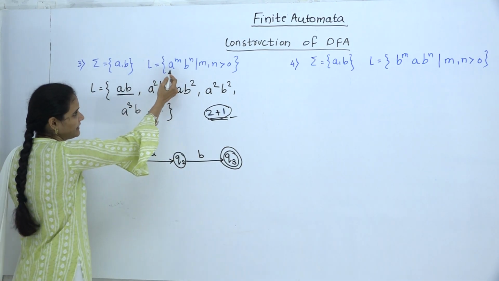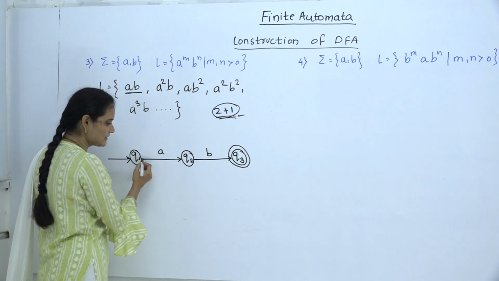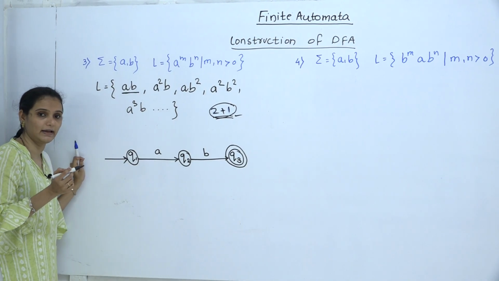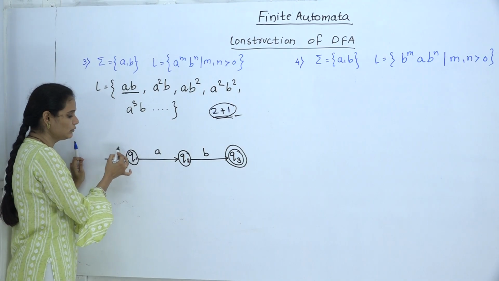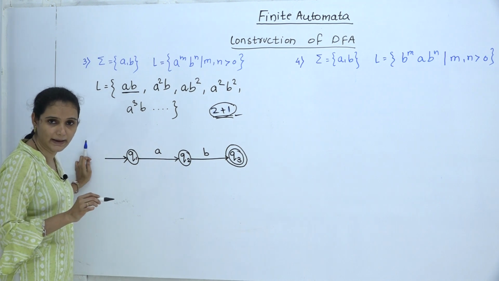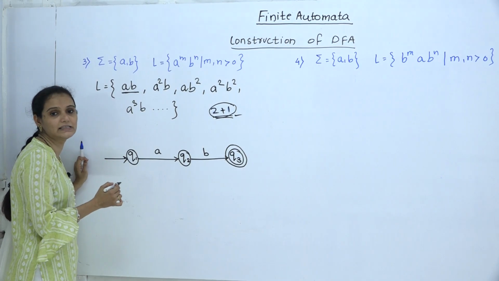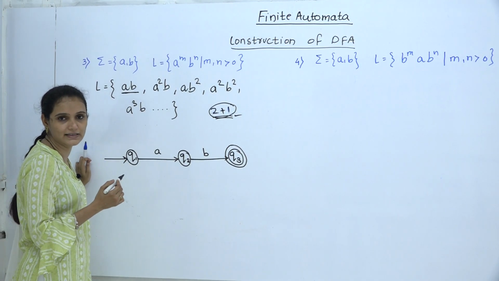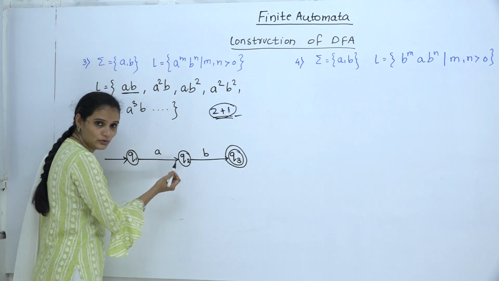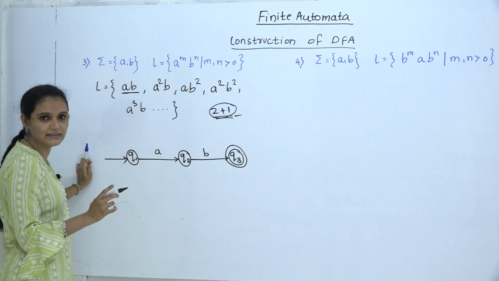Now what is my language here? See, students, a raised to m. So first a is accepted and comes to Q2, and I want a raised to m. Suppose I give the loop of a at Q1. Here it is also a raised to m, but I can't give the loop at Q1 because it is a DFA. In the rules of construction of DFA, we have seen that from Q1, if a goes to another state, then there is only a single transition of a.